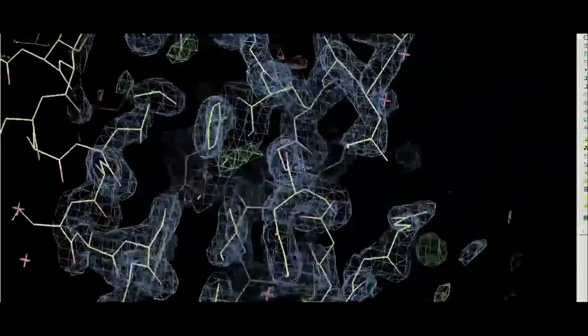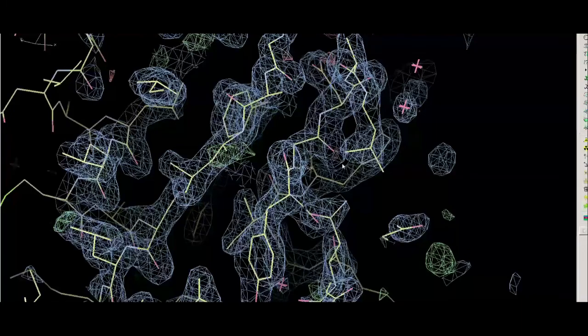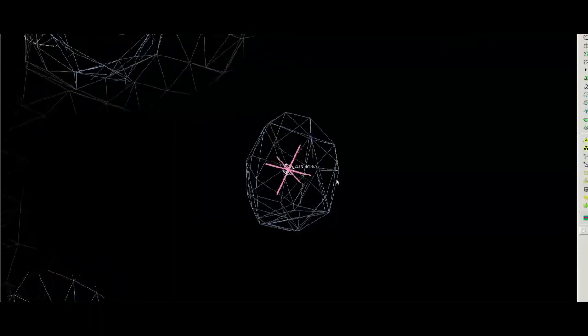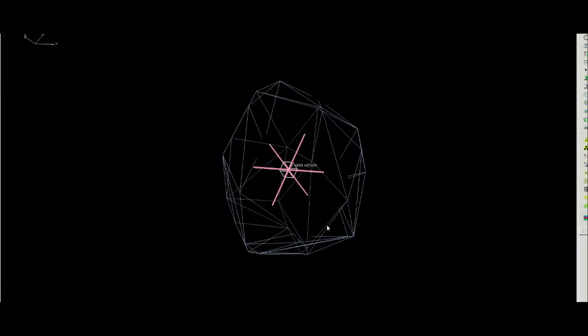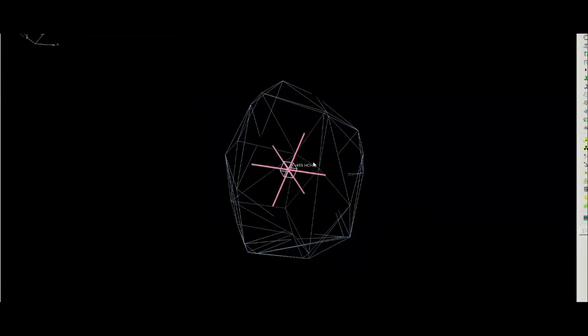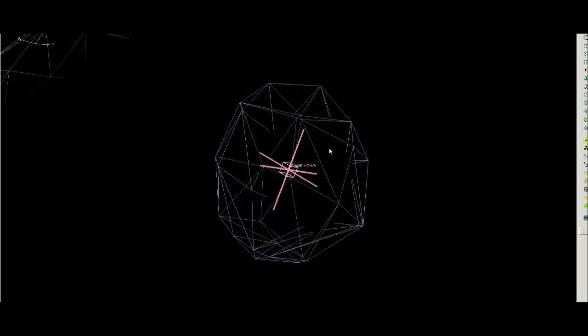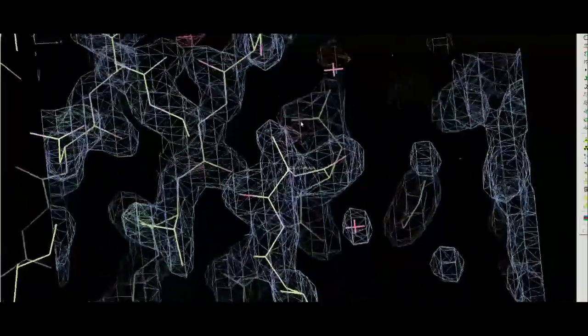So we talked about how the water in the crystal also contributes to the diffraction data, and that's what these little red doohickeys here are. They look like this because the electron data you're seeing is almost entirely from the oxygen, and so they just make this cross to show that the hydrogens could be pointing in all these different directions, because hydrogens don't show up real well in the electron data, which you can see just from here.